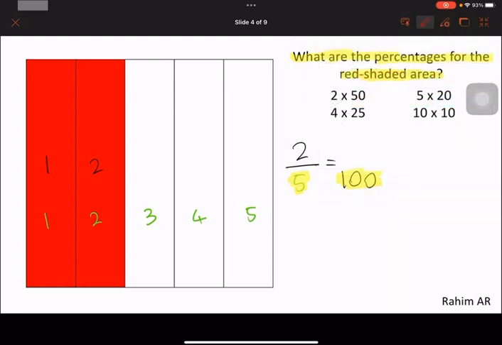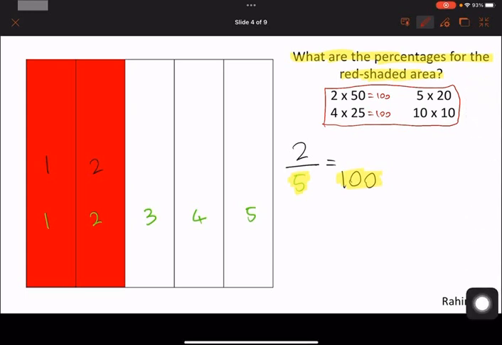As you can see here, I have written down some clues, where 2 times 50 equals 100, 4 times 25 equals 100, 5 times 20 also equals 100, and 10 times 10 equals 100.